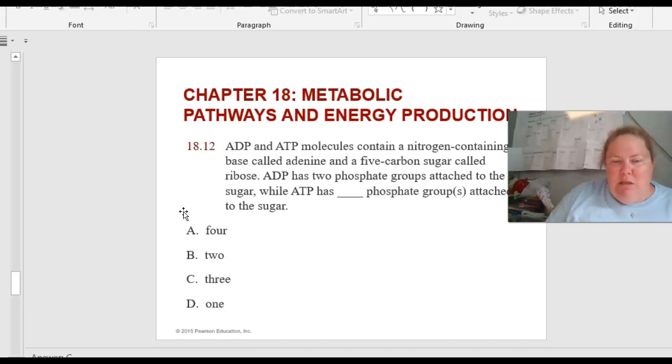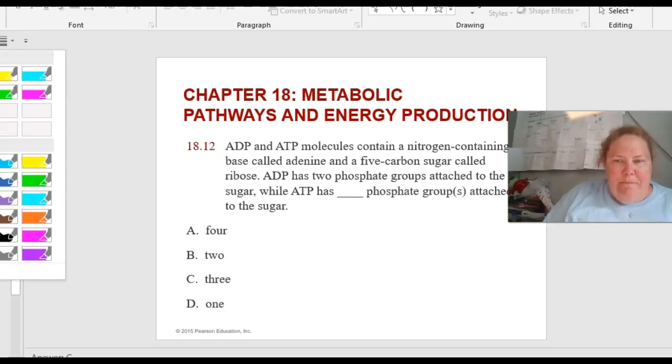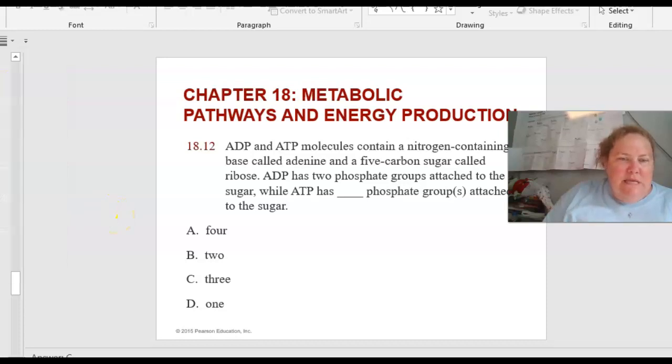ADP and ATP molecules have nitrogen-containing bases called adenine and a 5-carbon sugar called ribose. ADP has 2 phosphate groups that are attached to the sugar, where ATP has how many groups? I've always said from the very beginning of this class, always look for your root words.